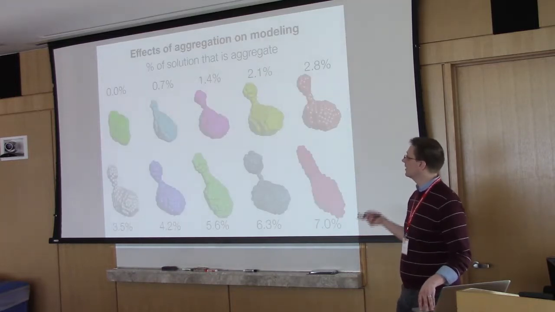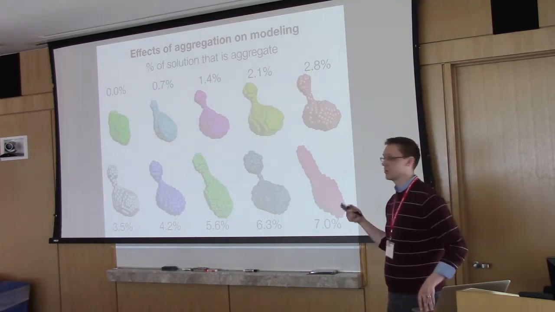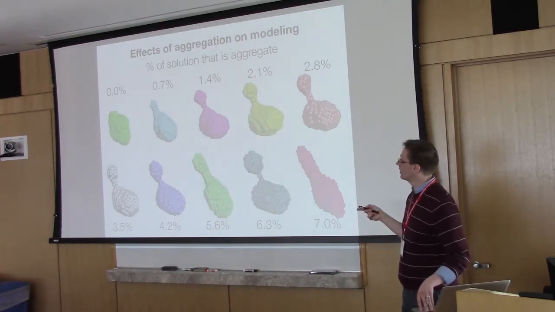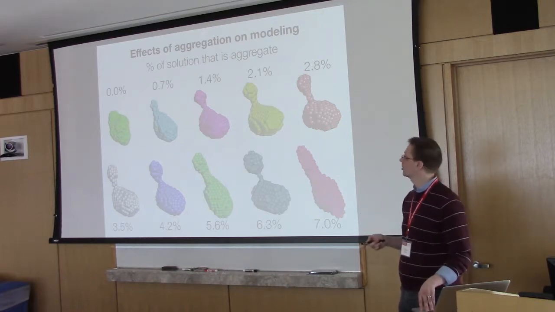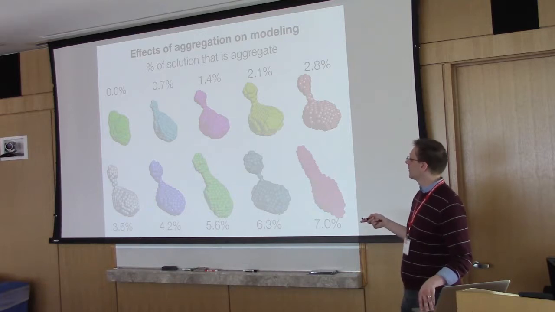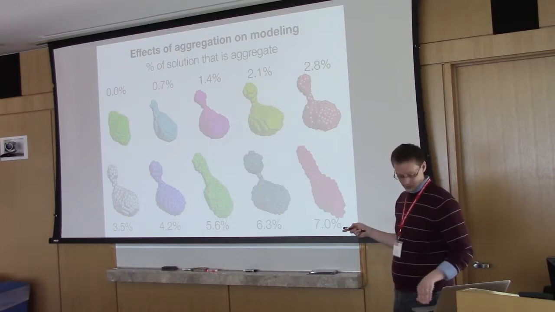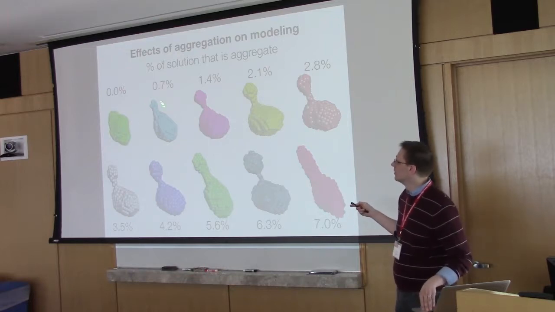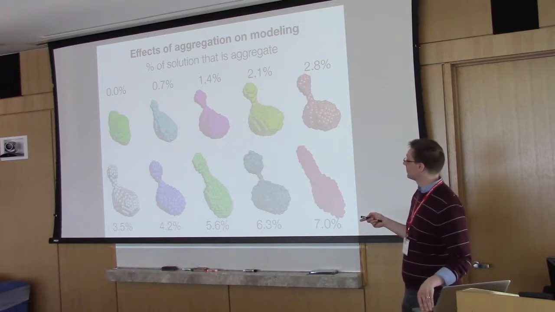In terms of bead modeling, this is an idea of what happens to reconstructions when your sample is aggregated. You can see that for the nice monodispersed, no aggregates, we get a nice globular reconstruction of lysozyme. However, you notice that even with just 0.7% of sample impurity, we end up with this little chicken leg extension kind of thing.